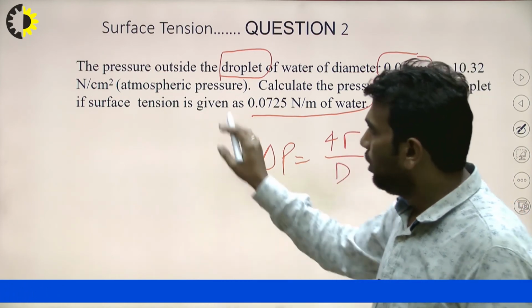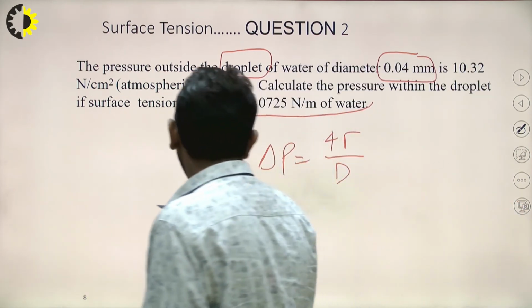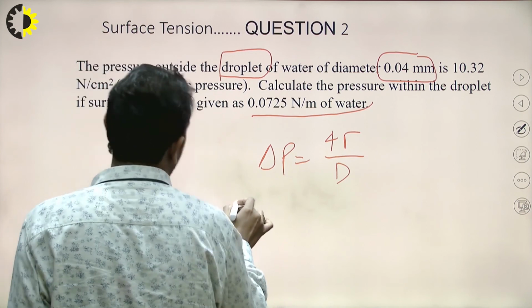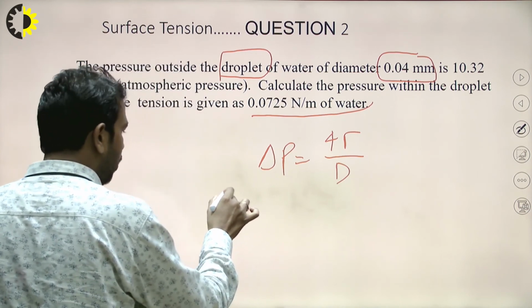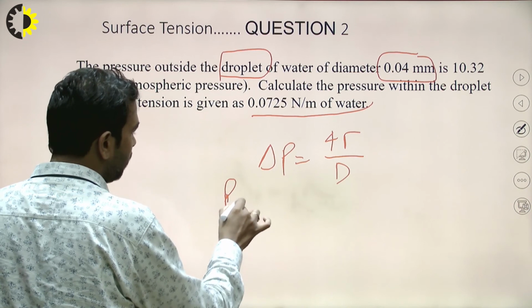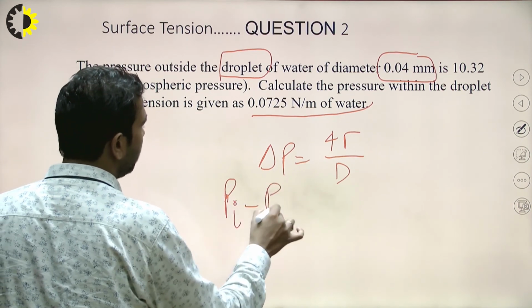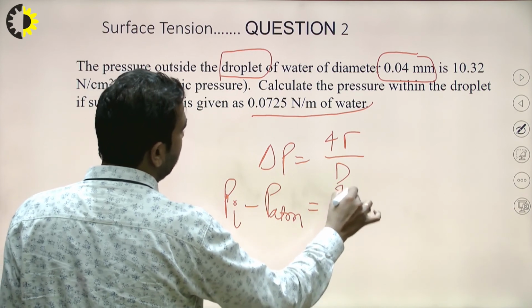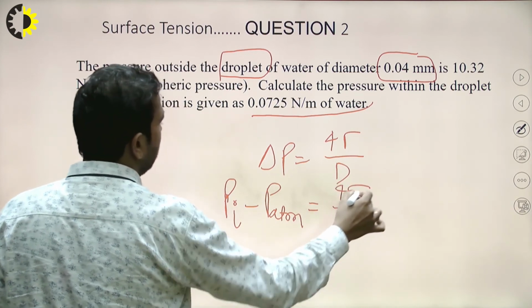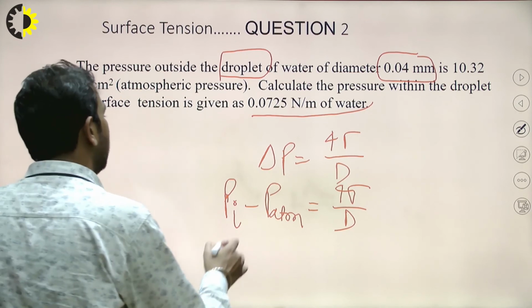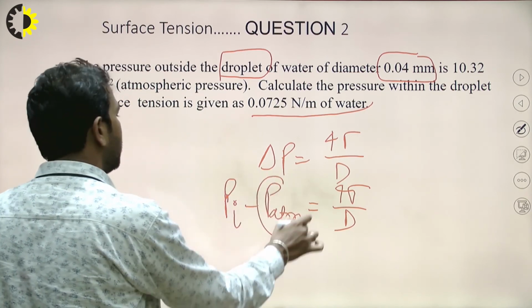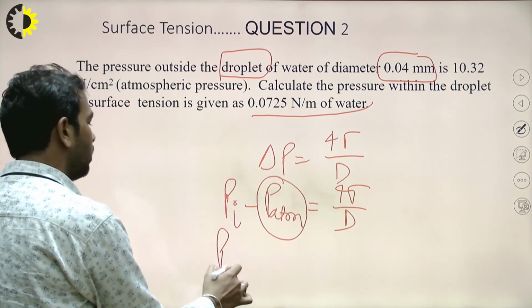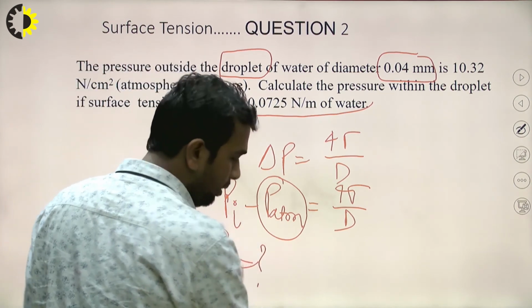Here we have to find the pressure inside the droplet. The outside is the atmospheric pressure, and the difference is 4 sigma by d. Sigma, diameter and atmospheric pressure are given, so you can easily find the inside pressure.